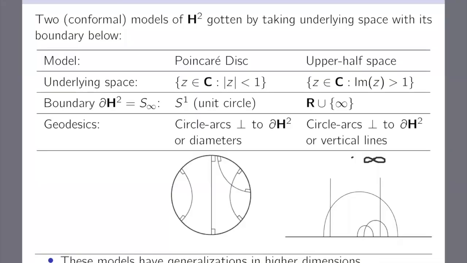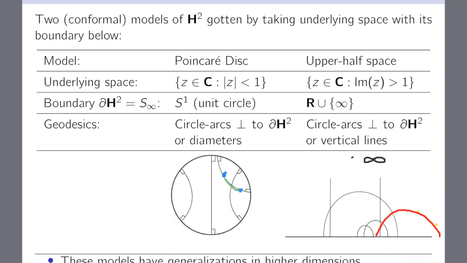Now going back to the Poincare disk model, the geodesics are also circle arcs perpendicular to the boundary, or diameters. What this means is that in the Poincare disk model, if I have 2 points, shown in blue, and I want to find the shortest path between them, I have to go along the green segment.